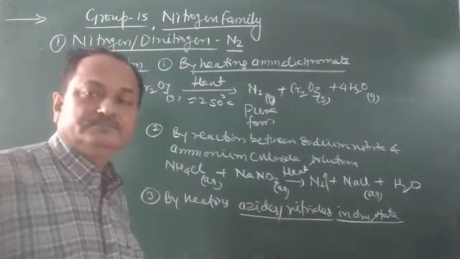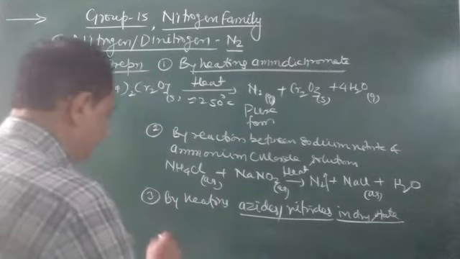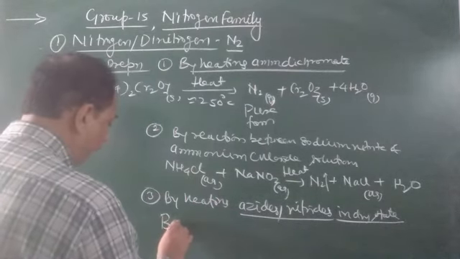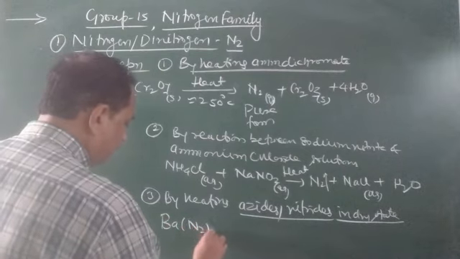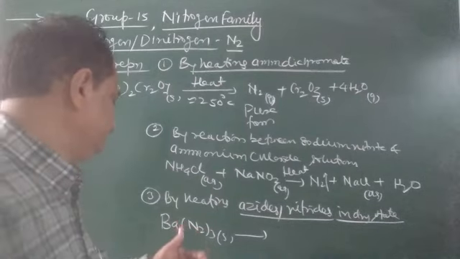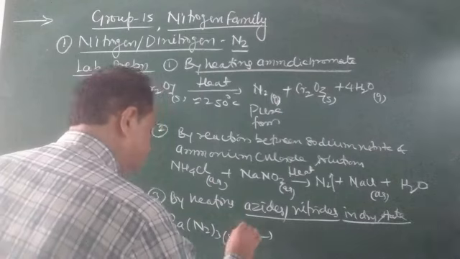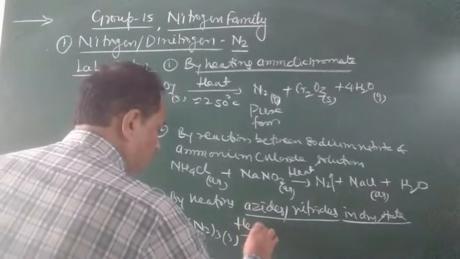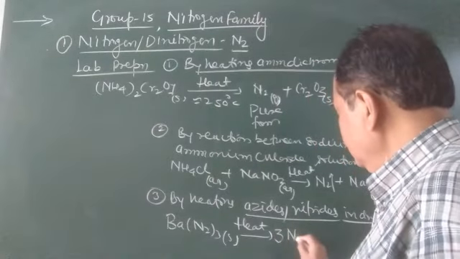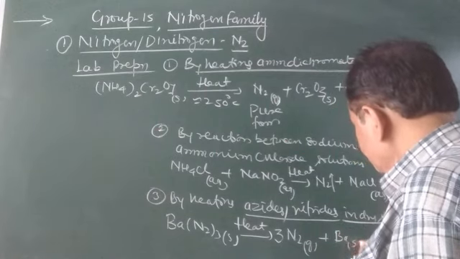When we heat barium nitride or heavy metal nitrides, barium nitride or calcium nitride, this solid has to be heated strongly, and as a result there is formation of nitrogen gas plus barium solid is produced.